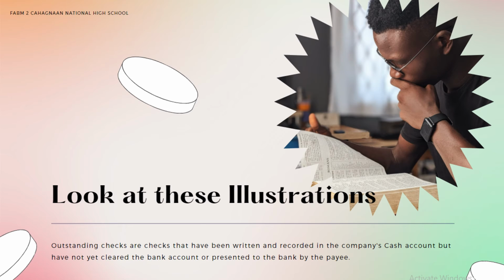Subalit, walang open na bangko. Kaya Monday na nagpa-cash out si kliyente or yung payee. So, na-record na ng company, but however, hindi pa na-present ng payee sa bangko yung cheque niya. So, that is outstanding checks.